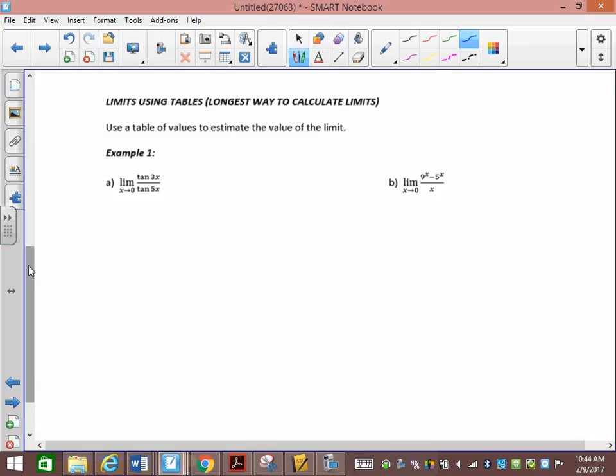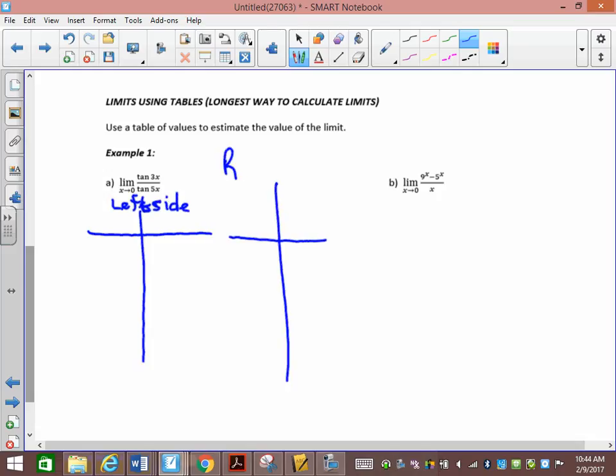So let's see. When it's approaching 0, you can actually do a table together. I'm going to show you left side, right side anyways. So this would be left side. And then this is going to be right side. This is x.